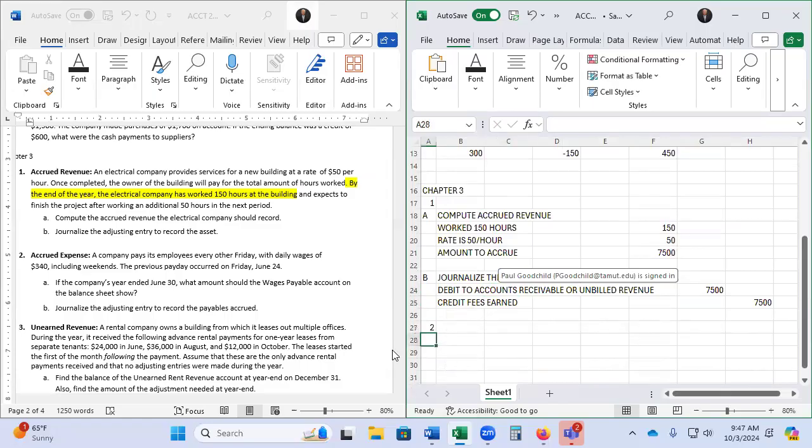Okay, take a look at number 2. By the way, if you have questions or I'm moving a little too fast, just give me a wave and I'm happy to slow down.